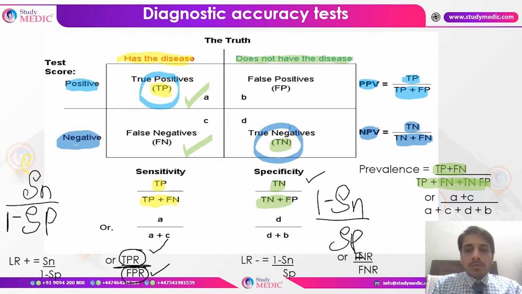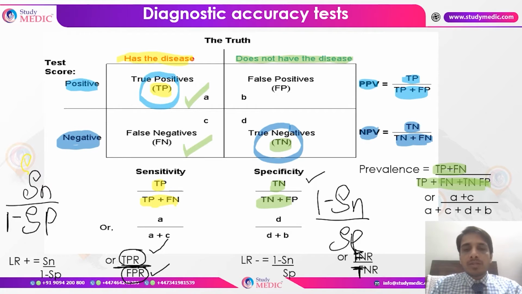What is specificity? True negative rate. So since denominator is true negative rate, numerator is false negative rate. Now it is the ratio of false negative rate to true negative rate.